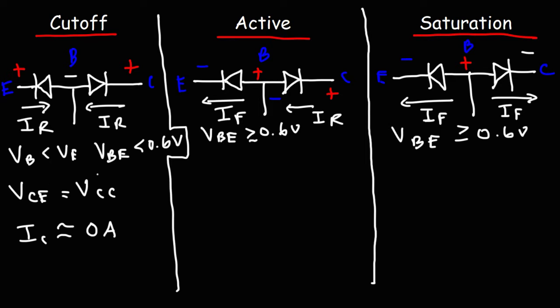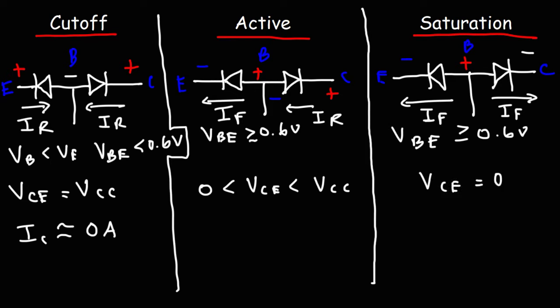Now for the cutoff region, we said that VCE is equal to the collector supply voltage VCC. In the active region, VCE is going to be between 0 and VCC, the collector supply voltage. Under saturation conditions, VCE is 0.